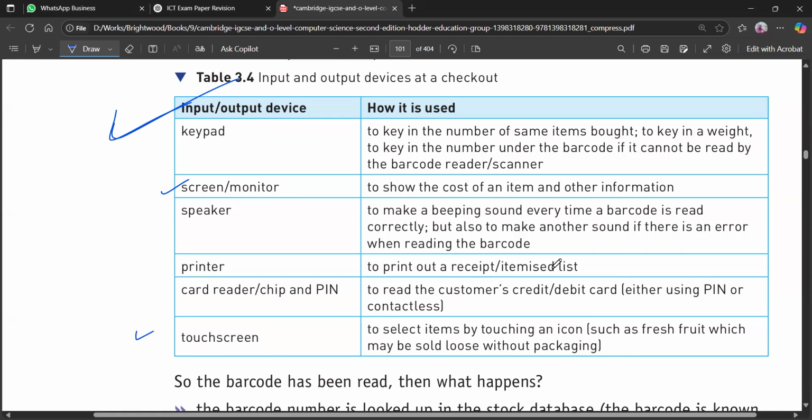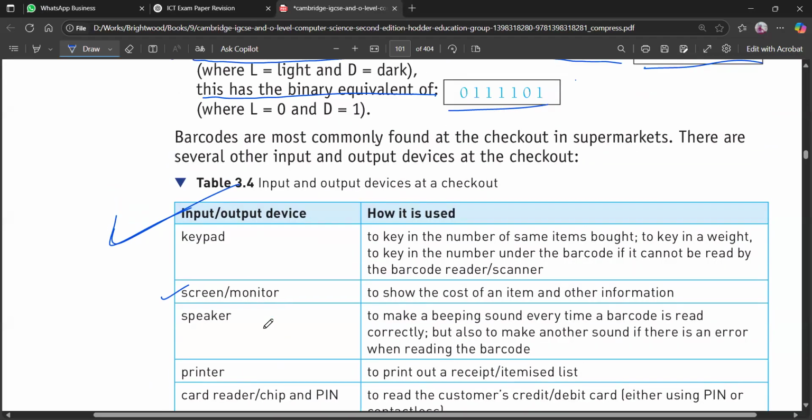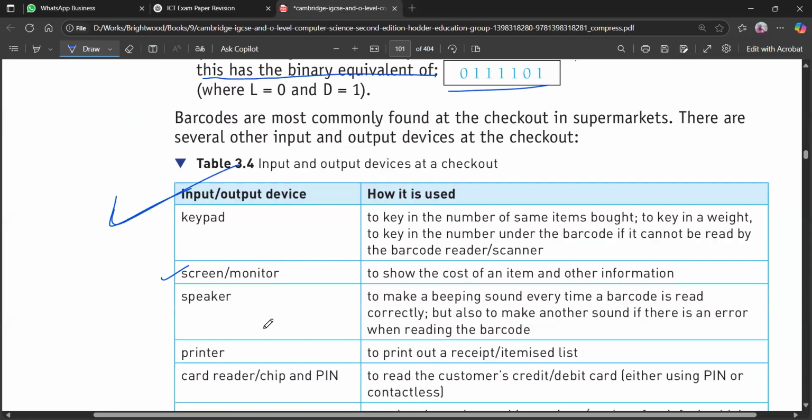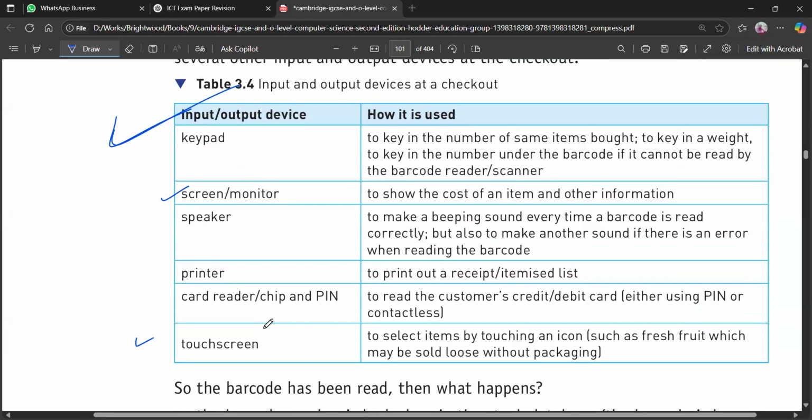Simplify and summarize, and take it as your own notes. I'll give you about 5 to 10 minutes. Write this table in your own words, how the input and output devices work. These are the inputs that we are writing.